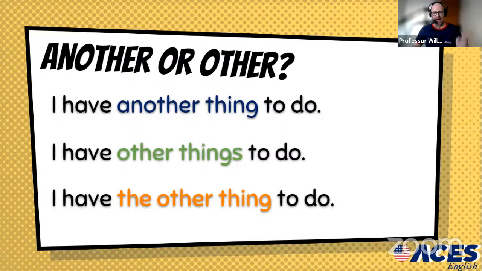And when we have a outra coisa, the other thing, ou outro carro, the other car, quando é entre duas coisas. Você pega, deixa eu ver. Você pega essa caneta, eu vou pegar a outra. You take this pen, I'll take the other one or the other.